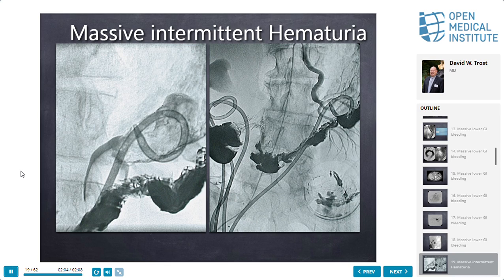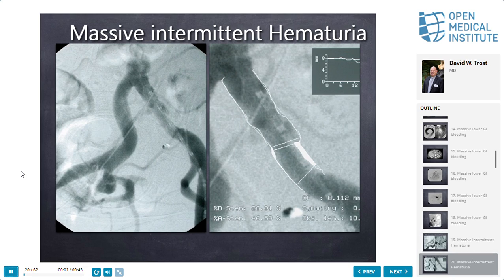So a person that has a chronically placed stent occasionally can have an interesting problem. So here is an arteriogram that was done, and we didn't see anything. So what we did in this image is we took the tube out, the tube that was up into the left kidney, over a guide wire.